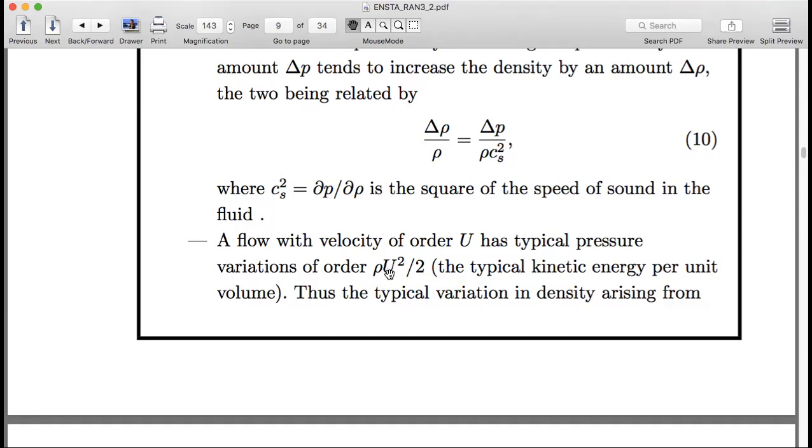This is like mass times 1/2 the velocity squared, so this is the kinetic energy in Newtonian mechanics. And U here is a typical velocity scale of the flow. So rho U squared over 2 is a typical kinetic energy of the fluid parcels per unit volume.